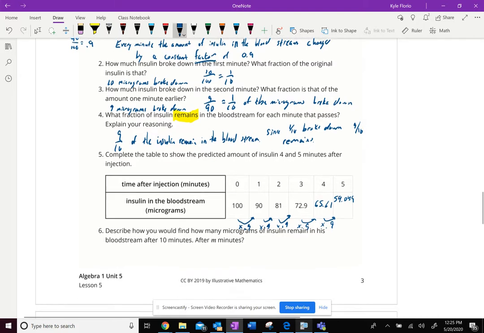Describe how you would find how many micrograms after 10 minutes. Well, we could extend this table out to 10, or whatever number it is. If it was 20 or 30, we'd have to extend it out to that number. So there's two options here. We can extend the table out to 10 minutes because it stops at 5 minutes.